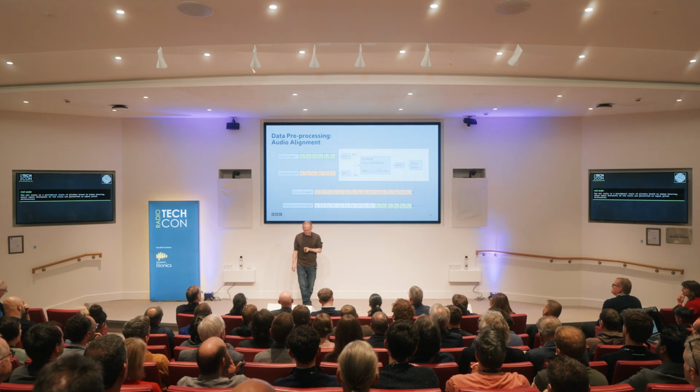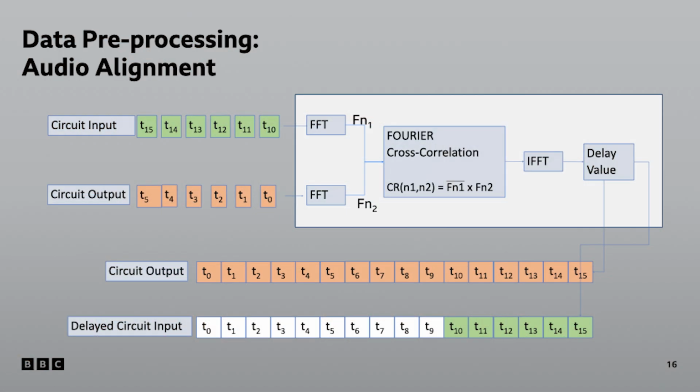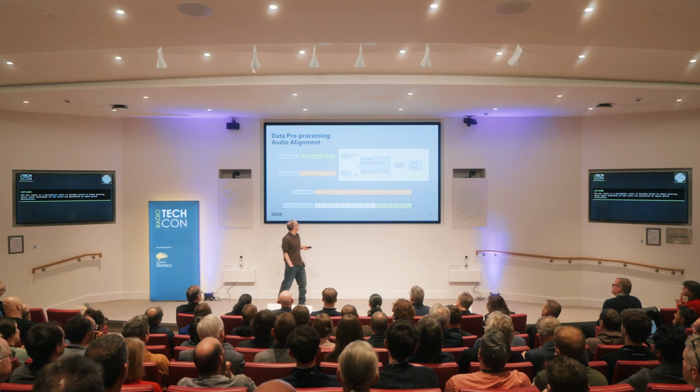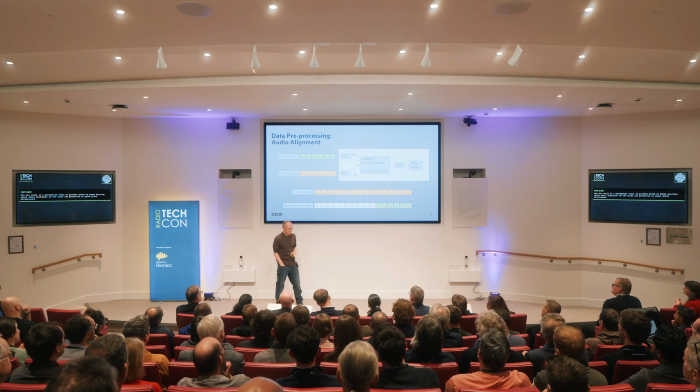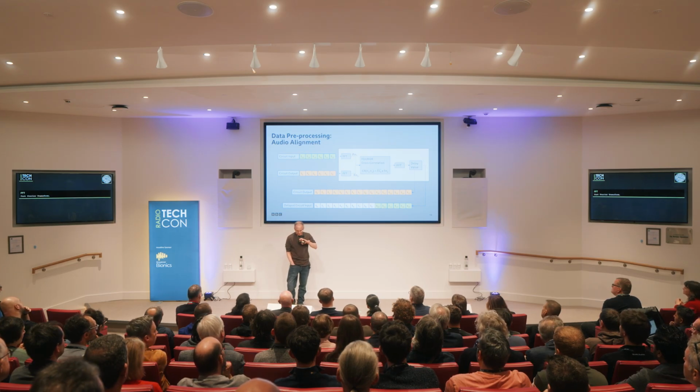So luckily, there's a mathematical formula called cross-correlation, which basically says if you convert it into the frequency domain, multiply them together, then convert it back out of the frequency domain, you can then find the highest peak there. That gives you the exact sample difference between your two things. So we do that, and we just buffer the input circuit by however many it is, so that they're now sample aligned.